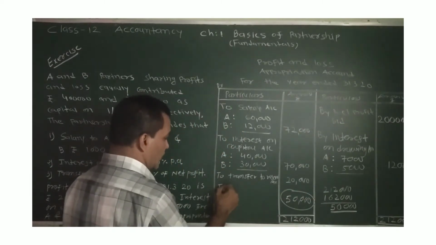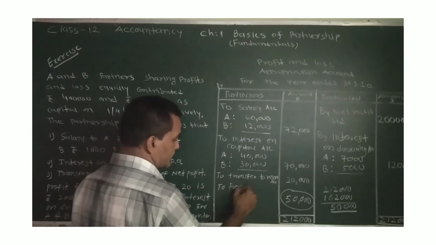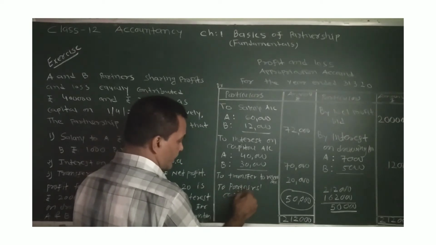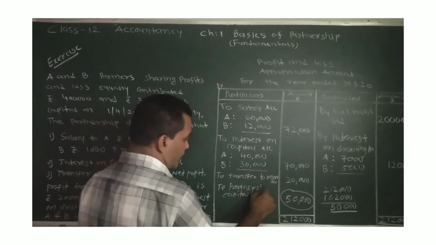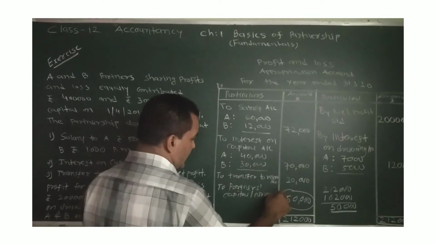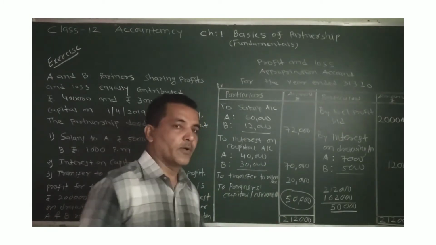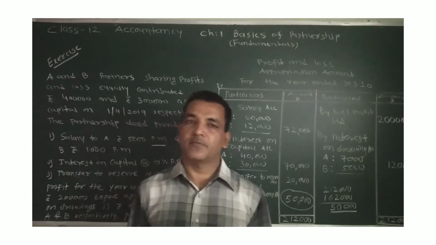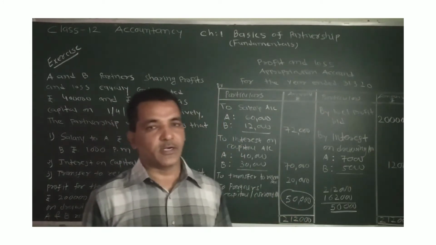Here you will write two partners' capital or current account. We don't know which method is given, so I am writing both. If fixed method is given, then you can write two partners' current account.